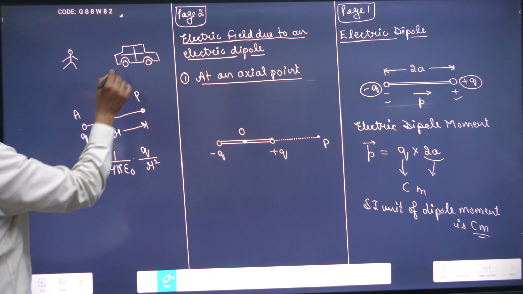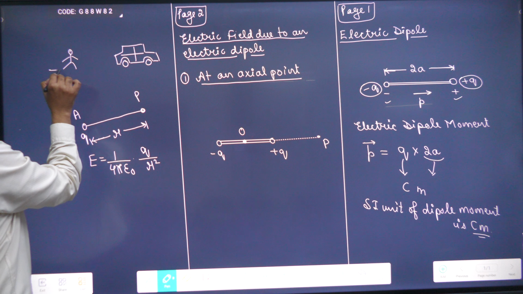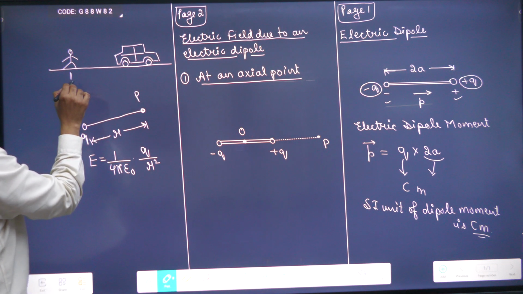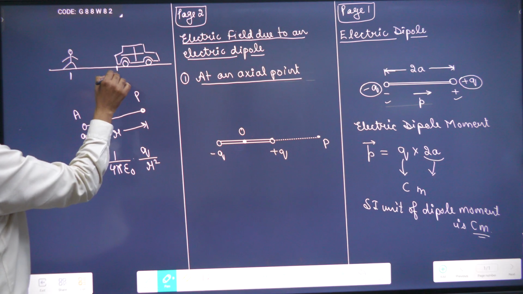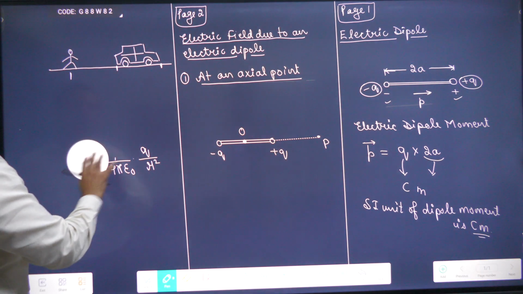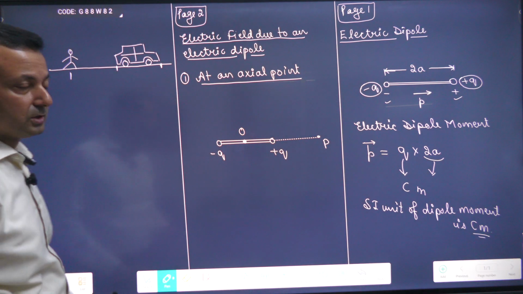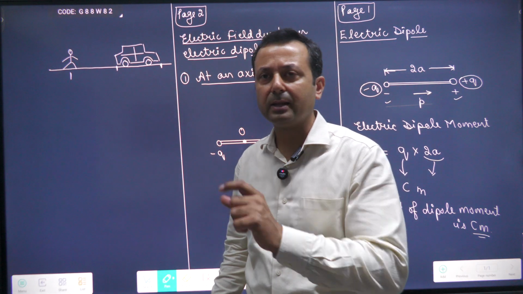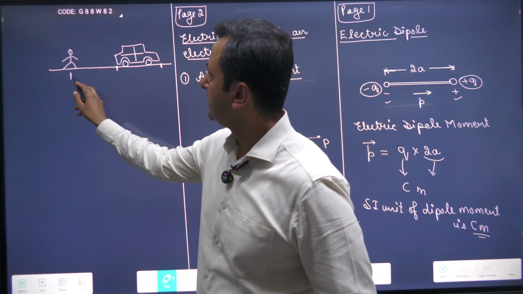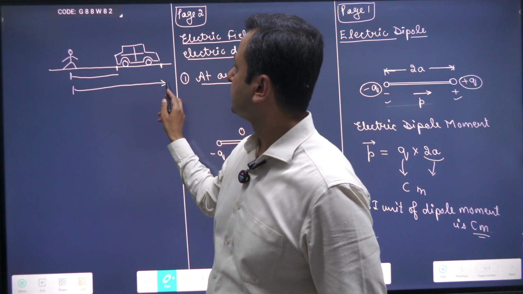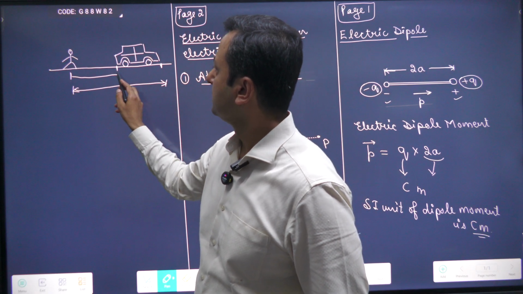This is my location, this is the car's front and this is the car's backside. So I have to calculate the length from here to here or from here to here. So this is the problem.